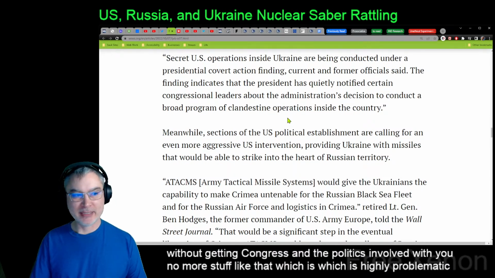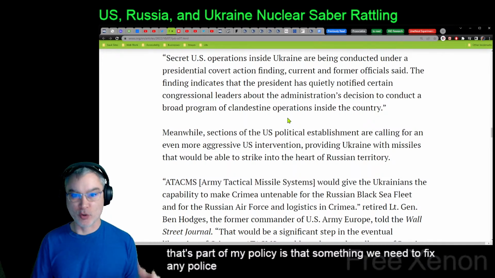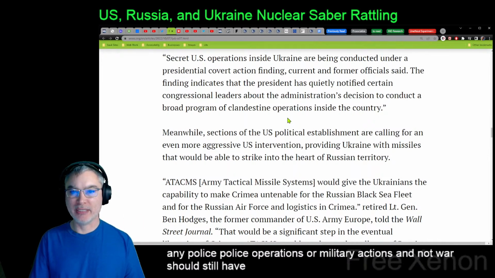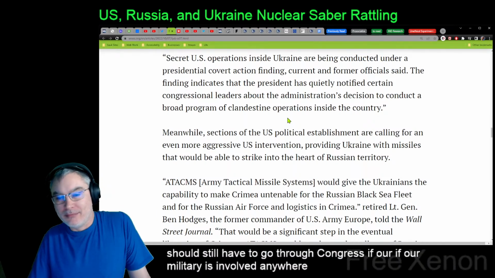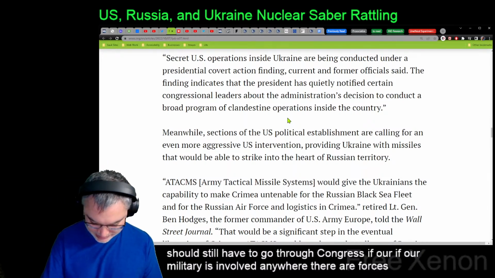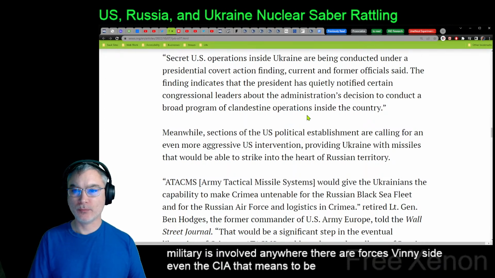That's part of my policies. That's something we need to fix. Any police operations or military actions and not war should still have to go through Congress. If our military is involved anywhere, or our forces of any sort, even the CIA, that needs to go through Congress.